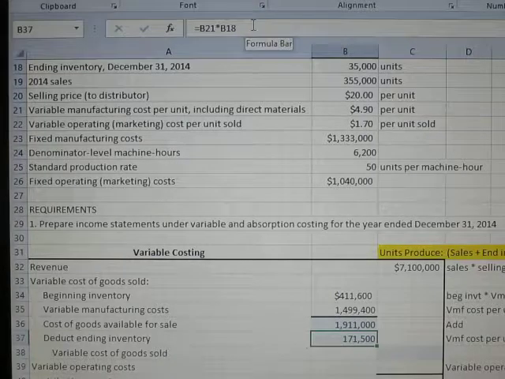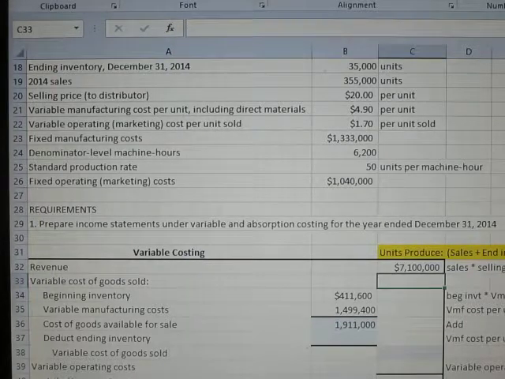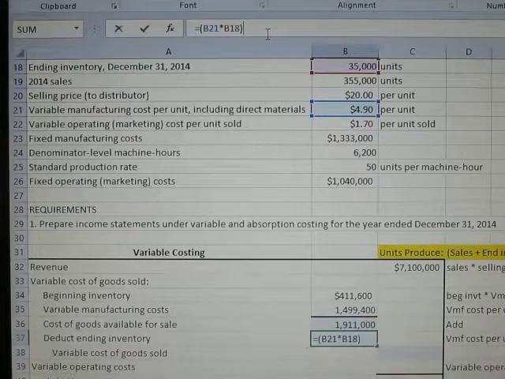So since it's deduct, I'm going to multiply this by -1. So when I do my calculation, it will be negative. It will be subtract.